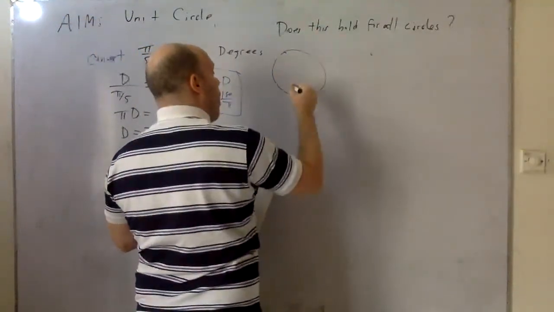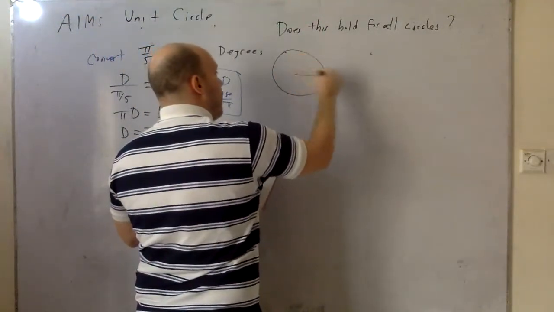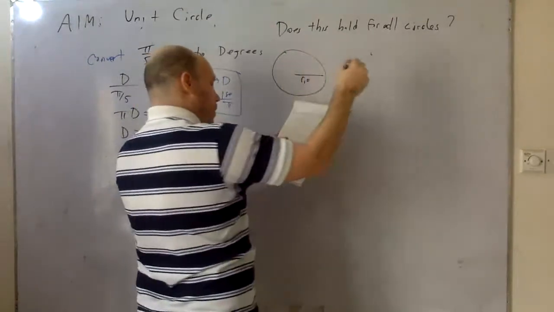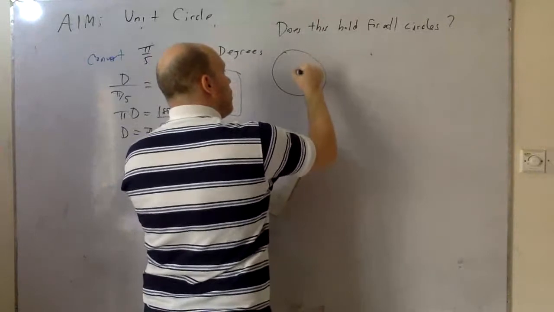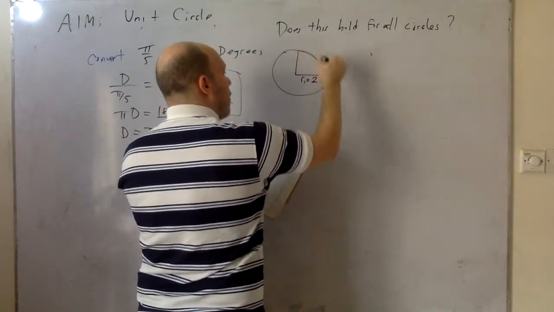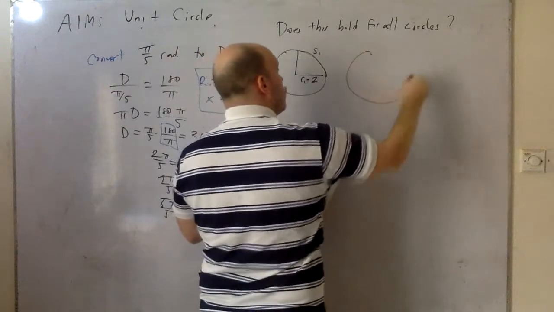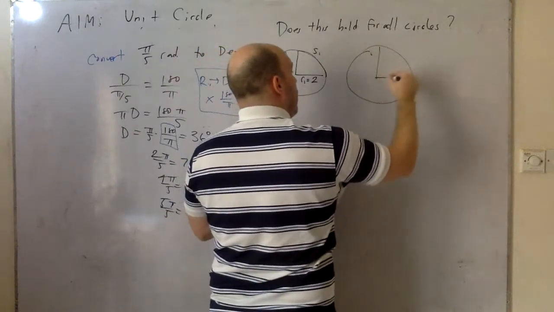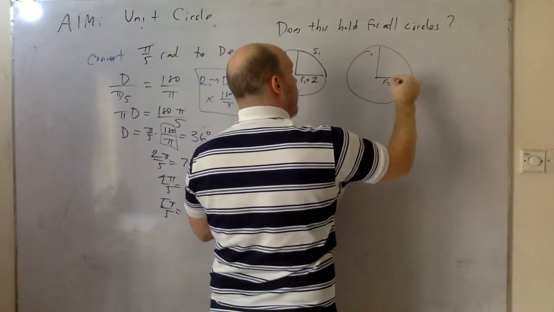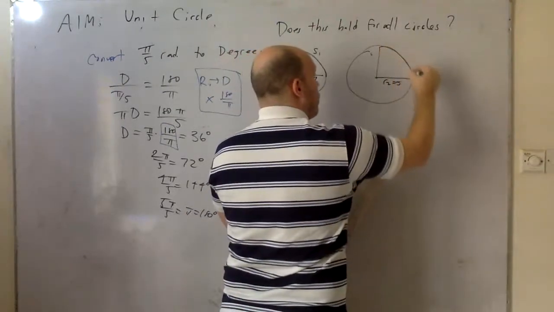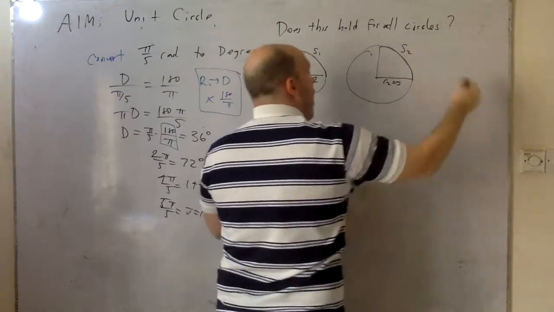Let's take a look at circle number 1, whose radius is 2. So we're interested in this arc length. Let's take a look at another circle. This radius is 5, and so obviously we're interested in this arc length.